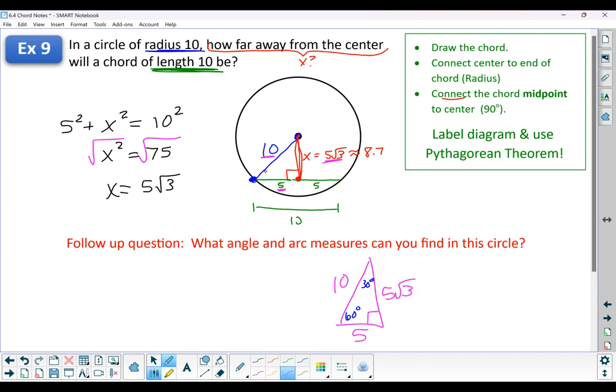So if we have a 60-degree angle and a 30-degree angle, we can find some arcs and things. So first of all, we know that this is a 30-degree arc and this is a 30-degree arc. And if we drew this line connecting that radius to a diameter, we know that this is a 120-degree arc. So there's several things we could find knowing that that's a special right triangle.